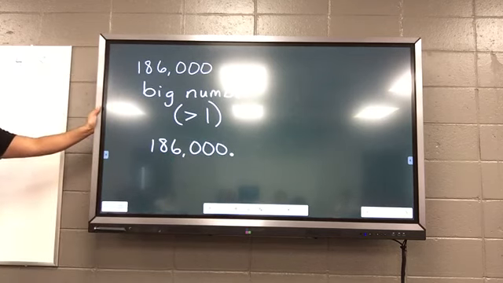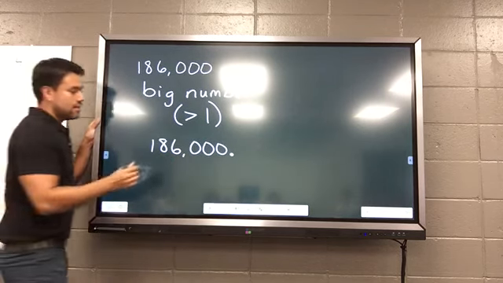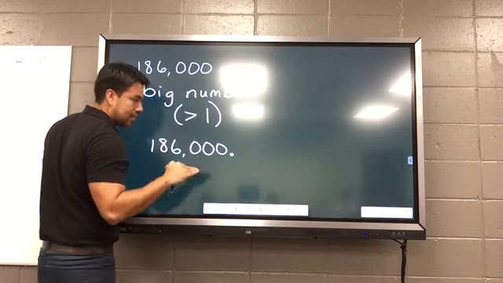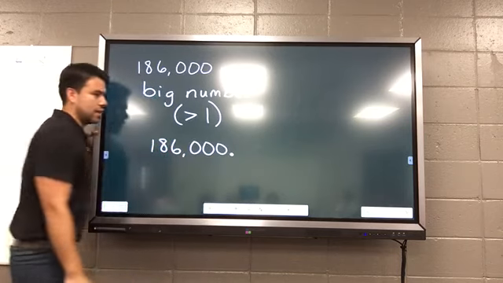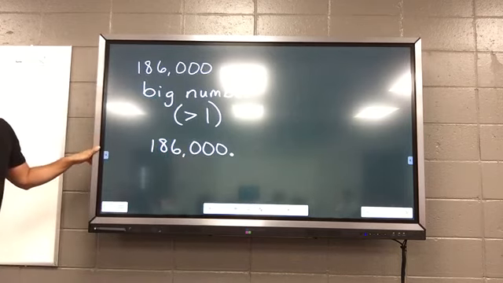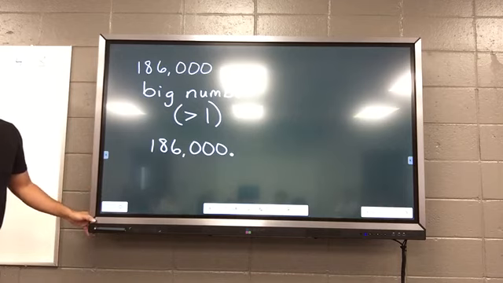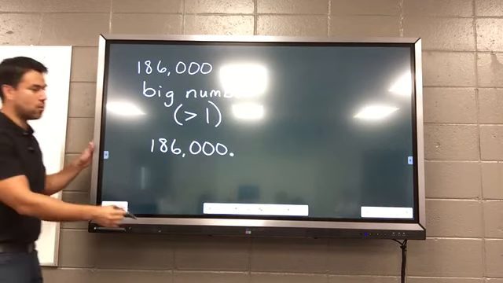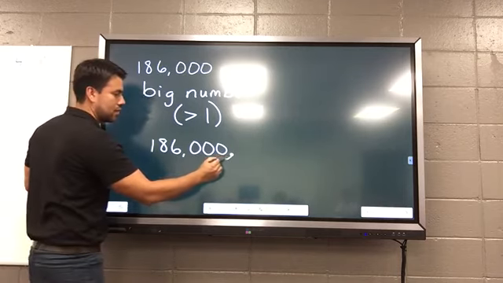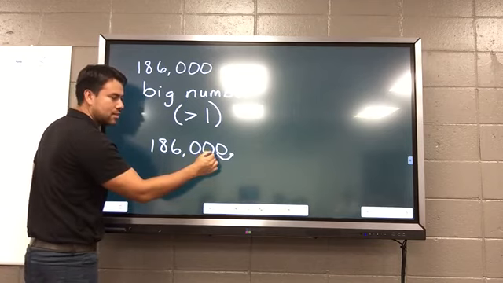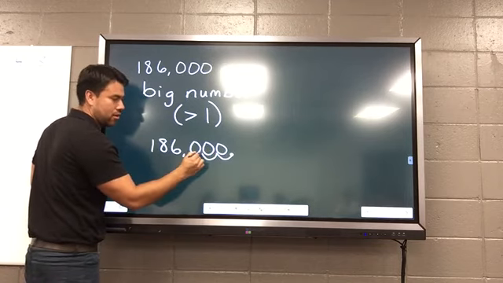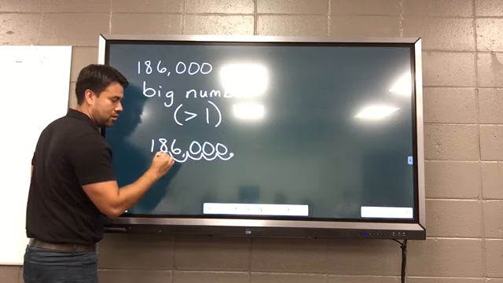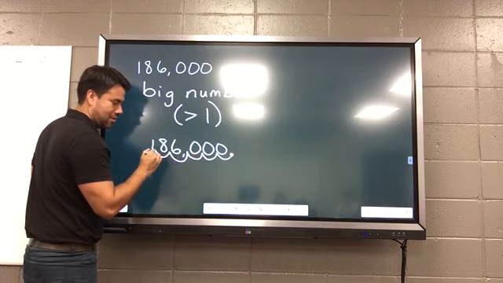In fact, any whole number that doesn't have a decimal point has a decimal point at the end. Okay. I can move that decimal point and make this into a number between 1 and 10. If I move it, will that make it a number between 1 and 10? If I moved it here? Here? Here? Here?